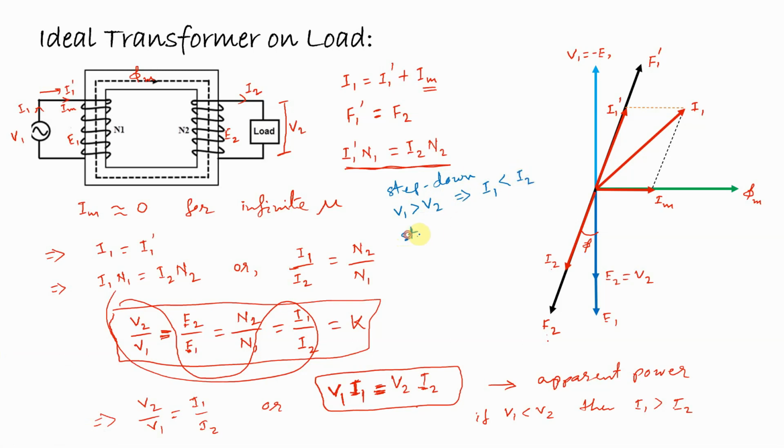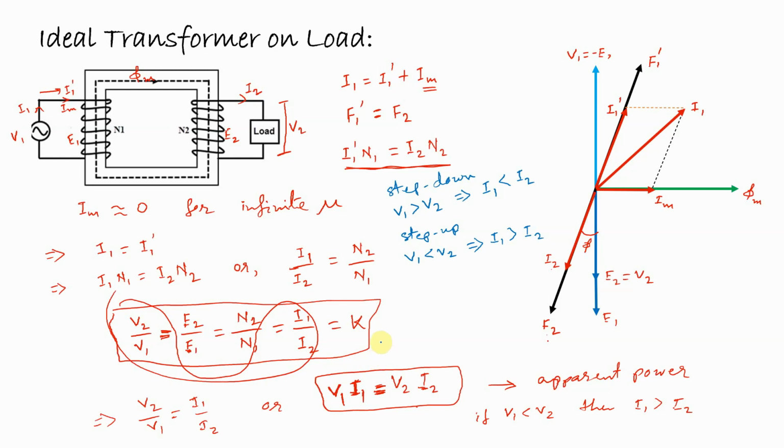And similarly for a step up transformer, where V1 is less than V2, it means I1 will be greater than I2. So for step up transformers, the primary side voltage is lower, but the primary side current is higher compared to the secondary side. And for step down transformer, it is just different.